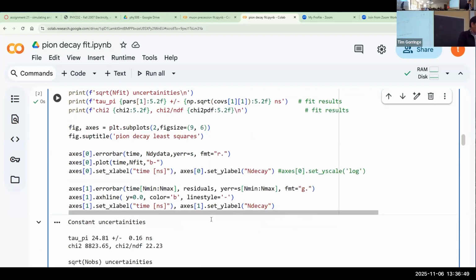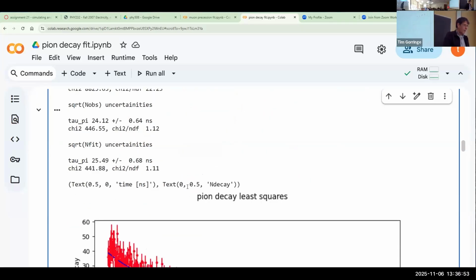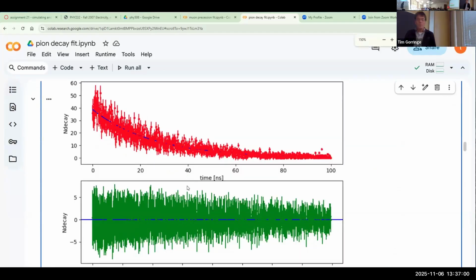Okay, so I made a plot of the final fit. Here I read the data again. I wonder if I'm plotting the right error bars.